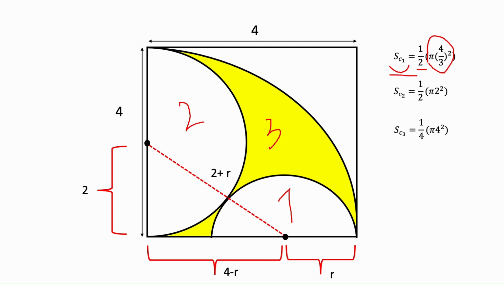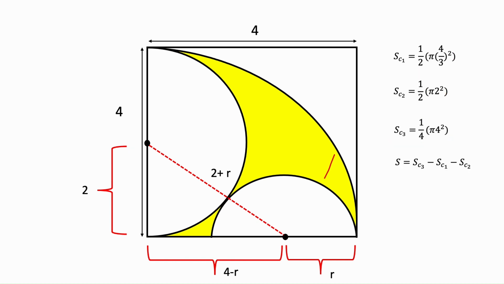Circle 2 is again 1/2 pi times 2 squared, since our r here is 2. And the area of the last circle is going to be 1 over 4 because it's a quarter of a circle, with pi r squared where r is 4, the whole line here.